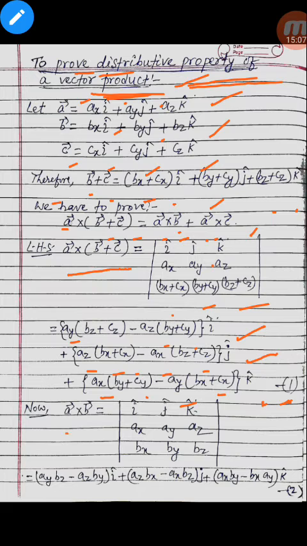Now we calculate a cross b. a cross b can also be written in the form of determinant i j k, ax ay az, bx by bz. That will give the result (ay bz minus az by) i plus (az bx minus ax bz) j plus (ax by minus bx ay) k. It is the second equation.